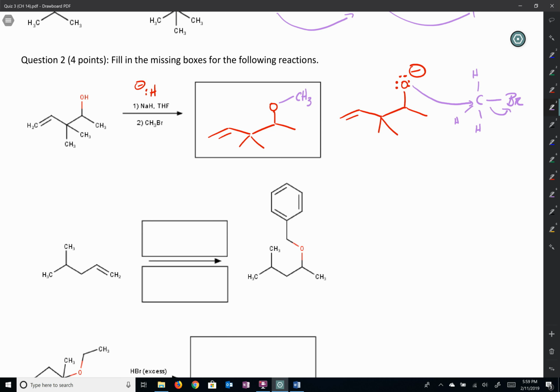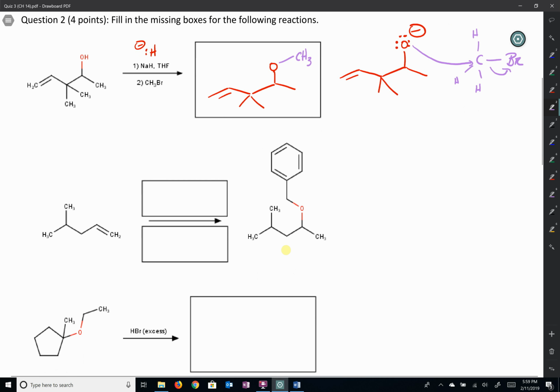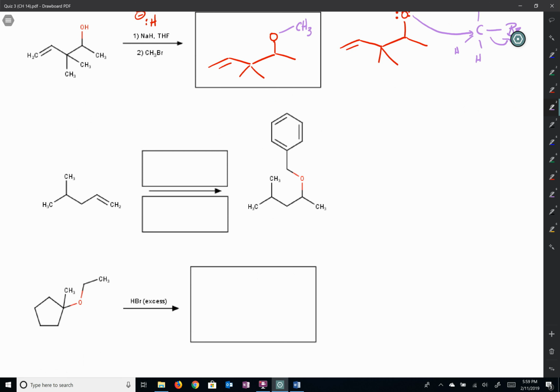Right, moving on to the next question here. We have, again, an alkene, and we're making an ether from it. And now we're asked to fill in the blanks. So we have an alkene to an ether. Again, there's a couple ways you guys could do this. I will show you guys one way, but realize there's a couple different options that we have here. We will do an oxymercuration.